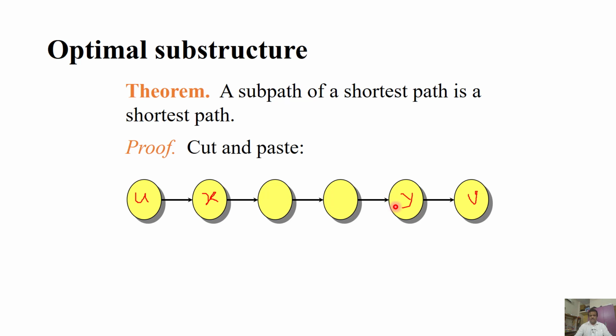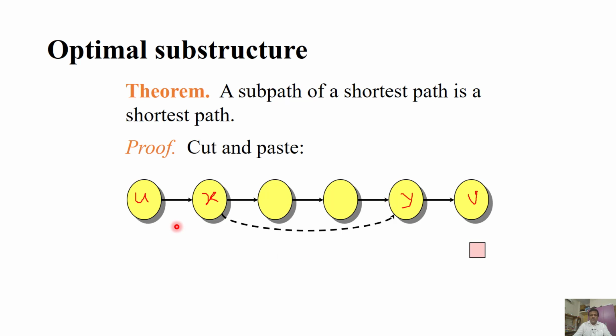So, how to prove that? We will prove it by contradiction. Suppose it is not a shortest path from x to y. That means there will be another path from x to y whose weight is less than the weight of this path.